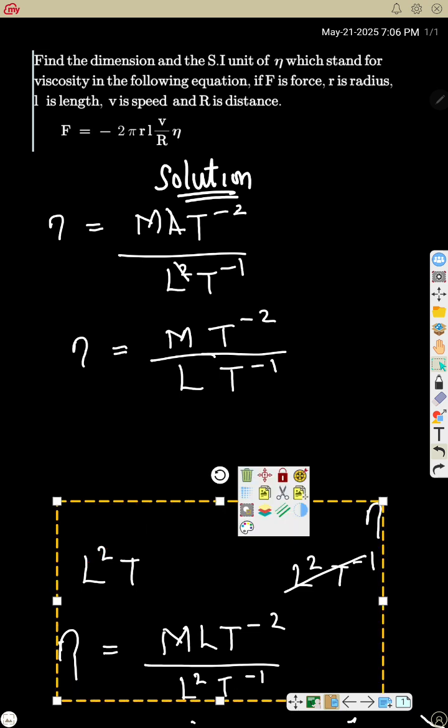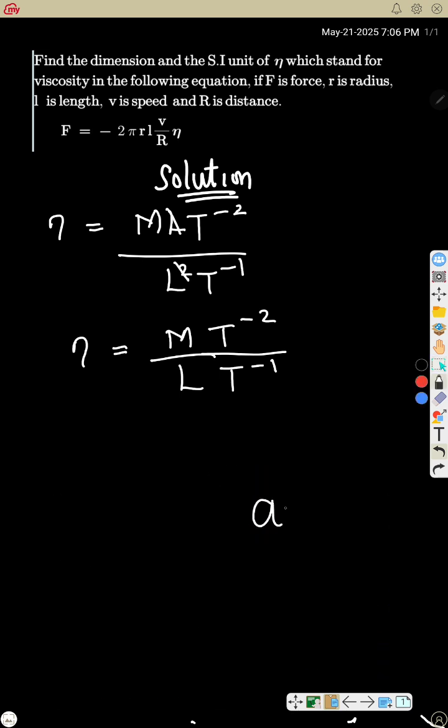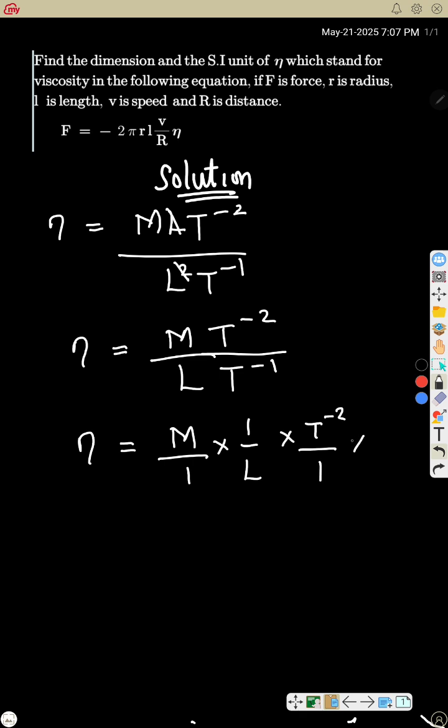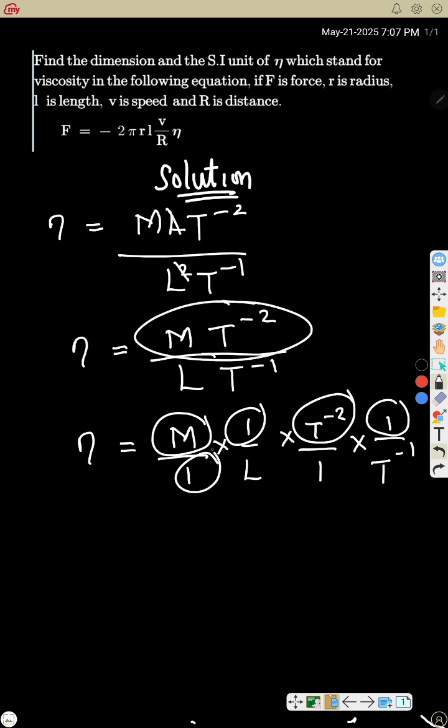So we are going to use indices. Remember, a raised to power minus 1 is 1 over a. If I split everything here to understand the math, this is like saying M over 1 times 1 over L times T raised to power minus 2 over 1 times 1 over T raised to power minus 1.